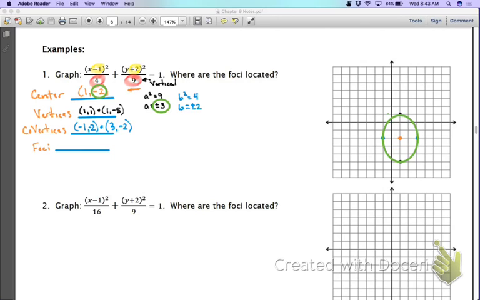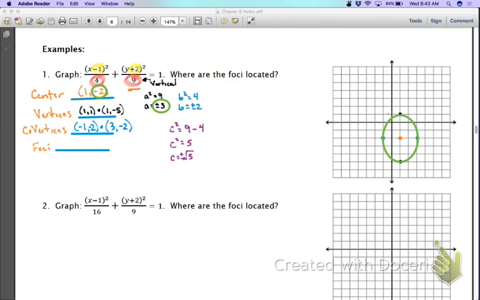Last thing we've got to do is the foci. Again, for the foci, I will have 9 minus 4. So c squared is equal to 5, and c is equal to plus or minus the square root of 5. In terms of you writing it, all I would do is take your center.